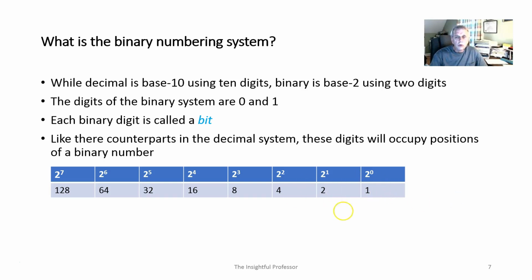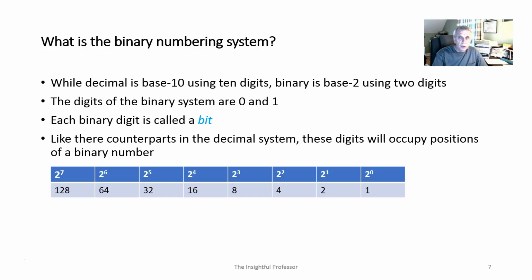So here we go: 2 to the 0 is 1, 2 to the 1 is 2, 2 to the second, which is 2 times 2, is 4, 2 to the third, which is 2 times 2 times 2, is 8, and so forth. When we deal with an 8-digit binary number, we go all the way up to 2 to the 7th, or 128.